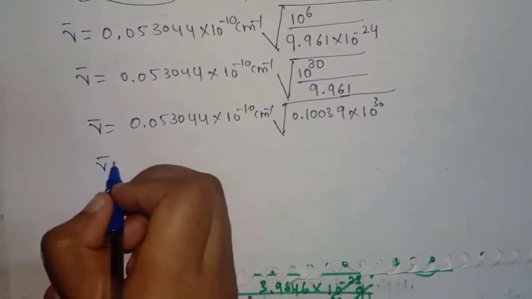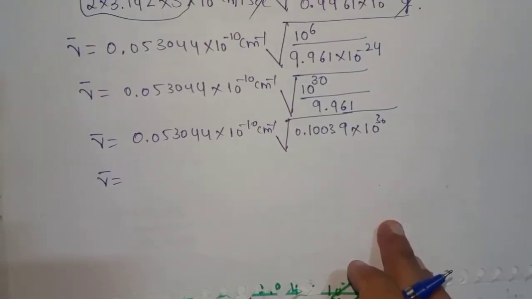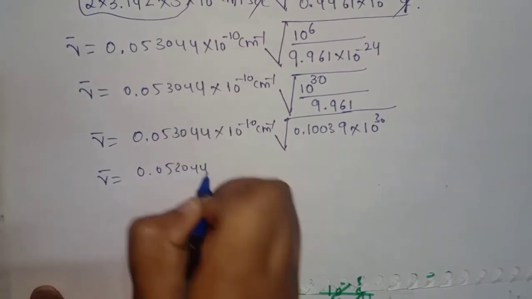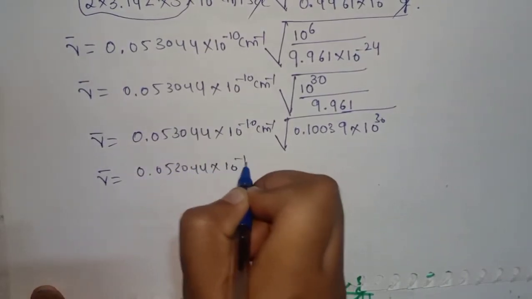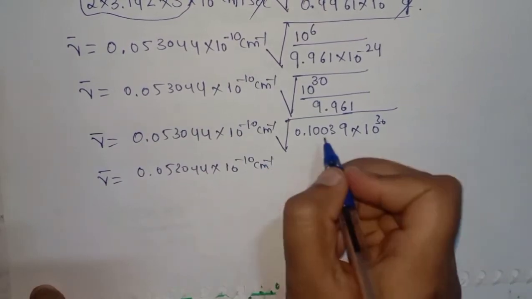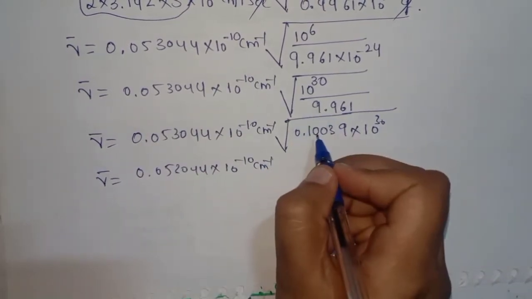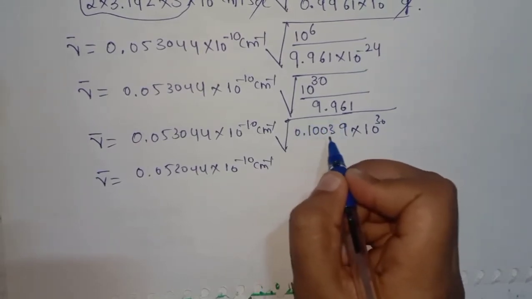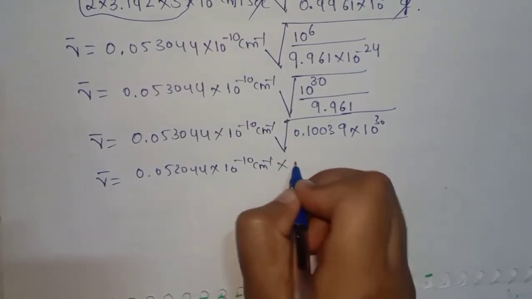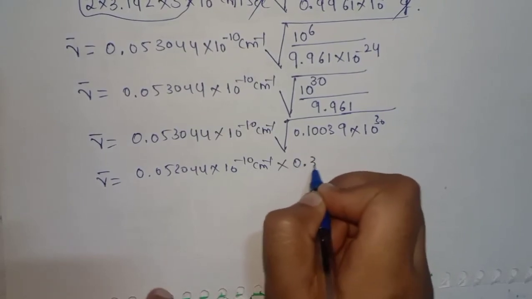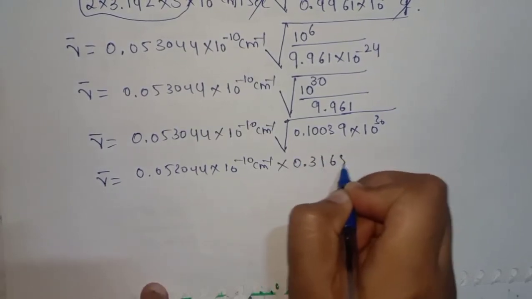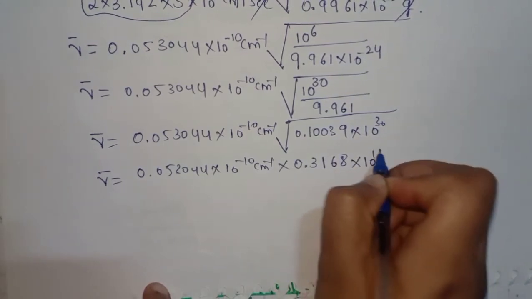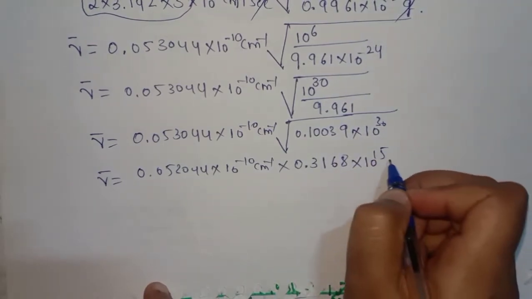Then nu bar is equal to 0.05344 into 10 raised to minus 10 centimeter inverse. Here, if I solve the square root of 0.10039, I will get 0.3168, and 10 raised to 30 will become 10 raised to 15 if I remove the square root.